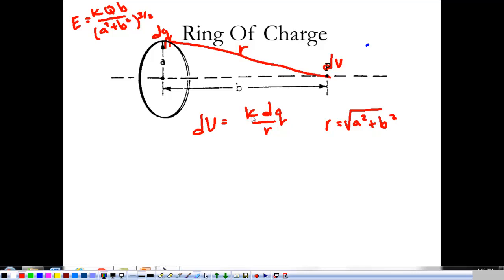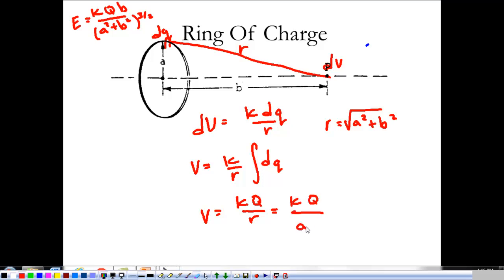Now, looking at this, k doesn't change for every piece of dq, and r doesn't change either. That stays the same. So my voltage is k over r on the integral of dq. So the voltage here will just be kq over r, or for what we have, kq over a squared plus b squared to the 1/2.